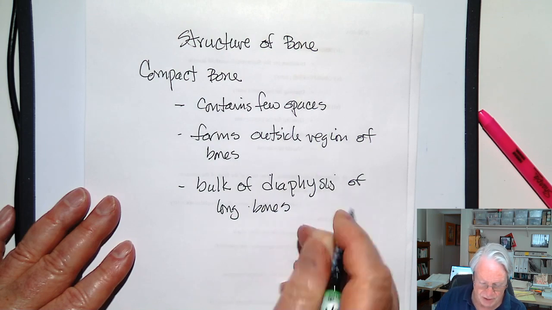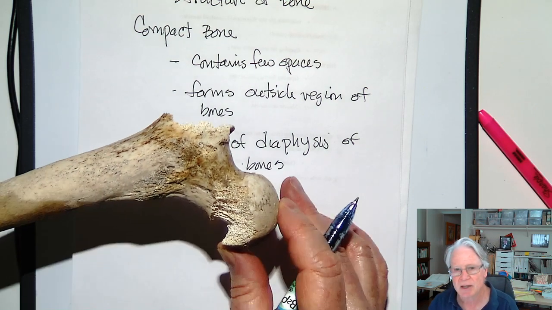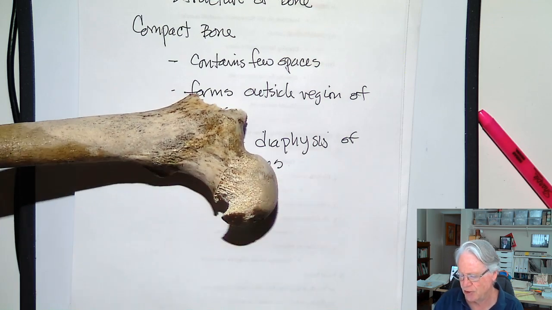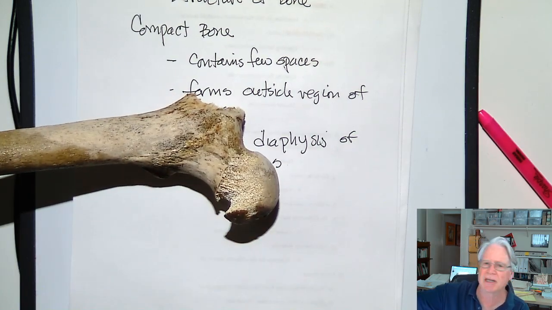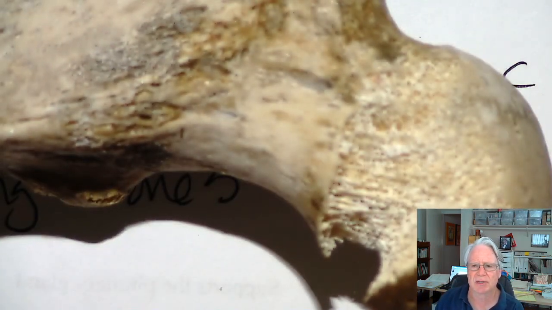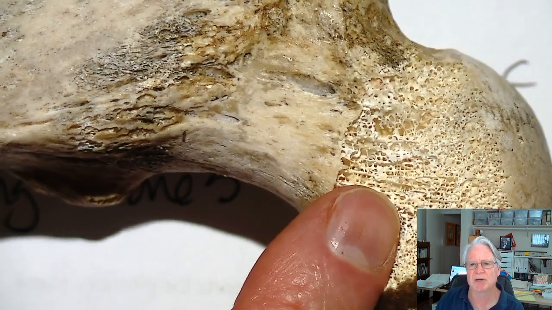Let's take a close-up look at that. I don't have a bone that opens up on the inside, so I cannot show you the shaft portion, but I can show you this. As soon as we come into focus, there we go, we can see a nice spongy bone here.